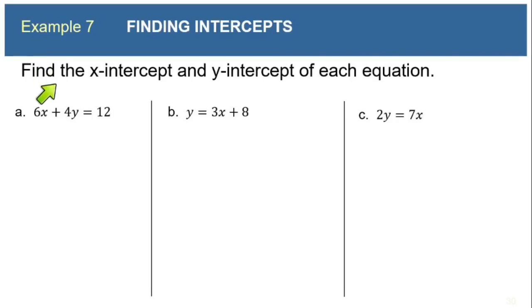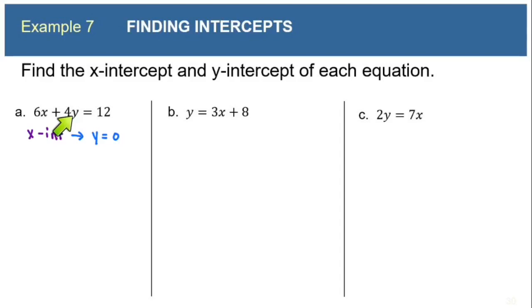So here in example 7, it says find the x-intercept and the y-intercept of each equation. So we'll start with part A, and this says 6x plus 4y equals 12. Now we know that to find the x-intercept, we let y equal 0, or we could say we plug in 0 for the y.